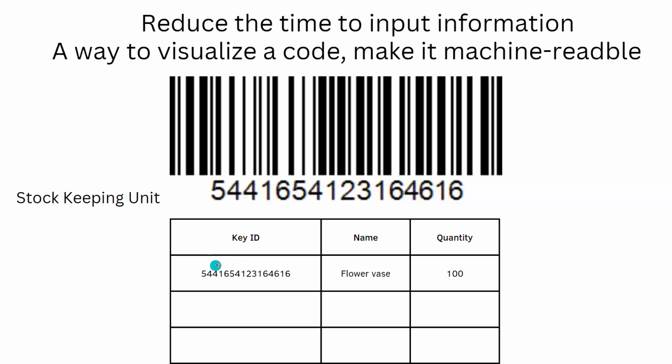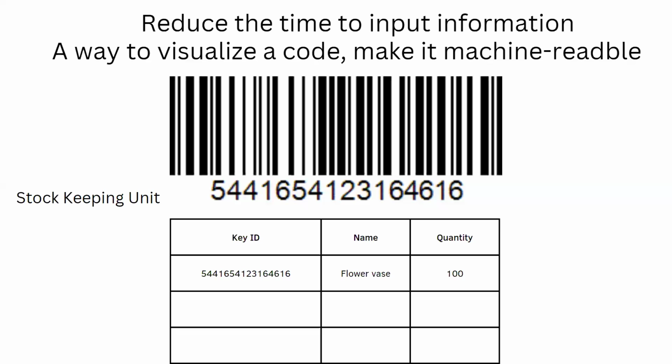Then it looks up the ID in the database and understands that this barcode is about some kind of flower vase, and we have 100 in quantity in the warehouse, and the price is about $50 for these vases.